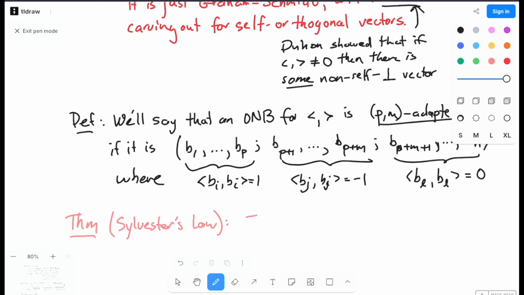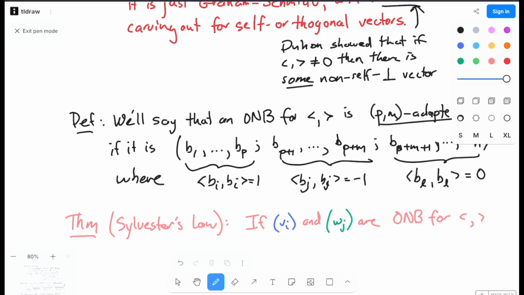It says that if we have two orthonormal bases, and I'm going to color code things here, so if we have two bases, which I will refer to as blue and green, please tell me if you can't really tell the difference between these colors.